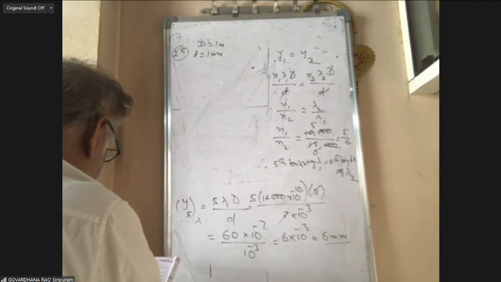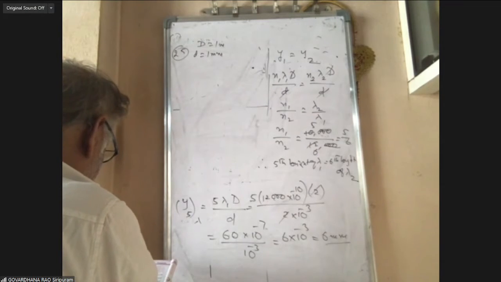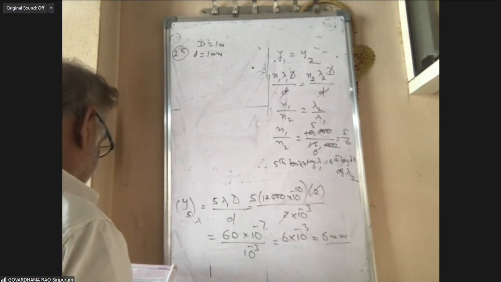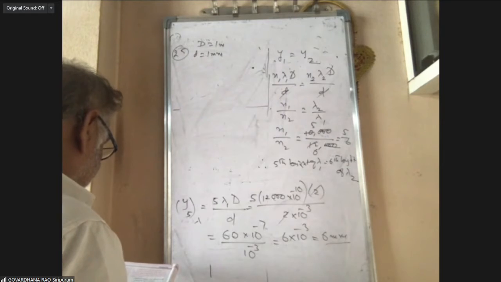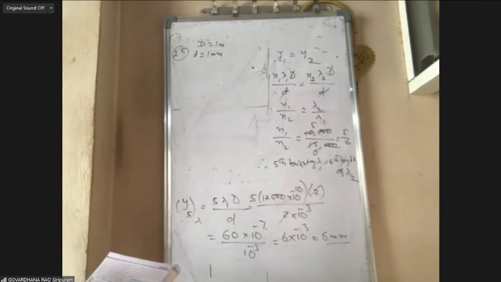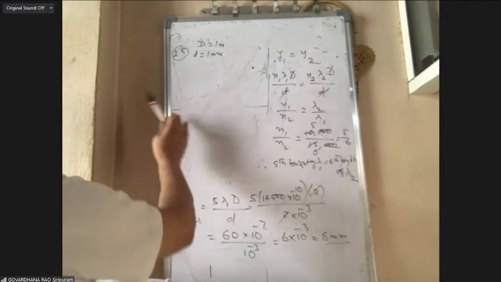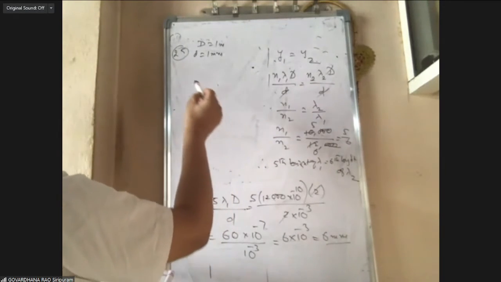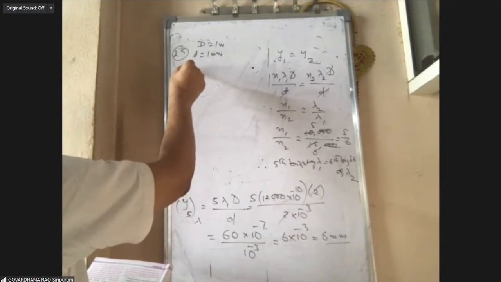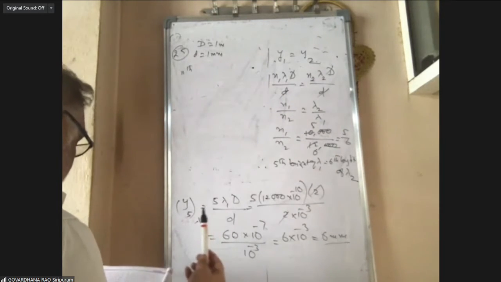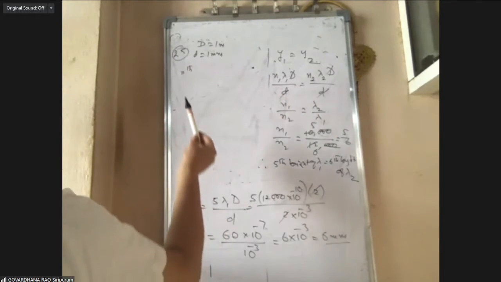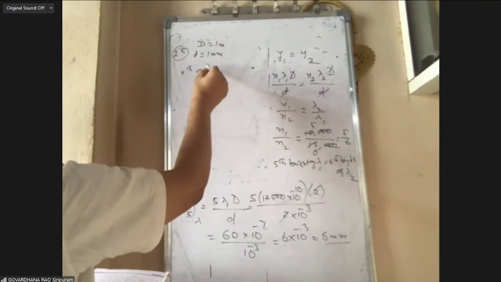Up to what order can fringes be seen? To what order can the fringes be seen? Maybe nth order of lambda 1 or nth order of lambda 2.